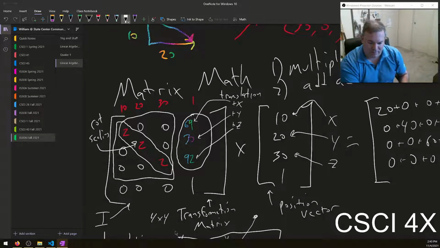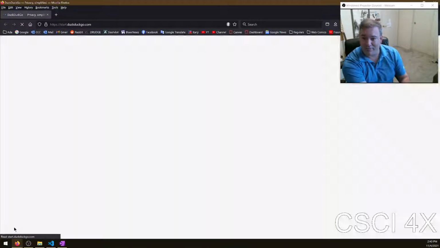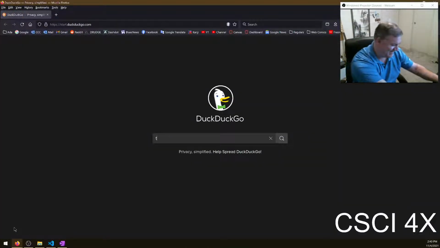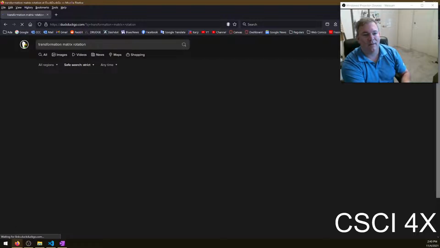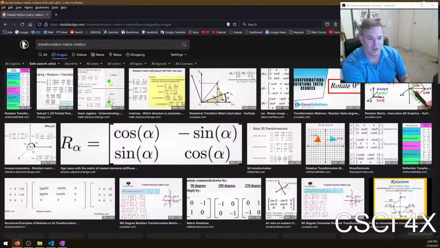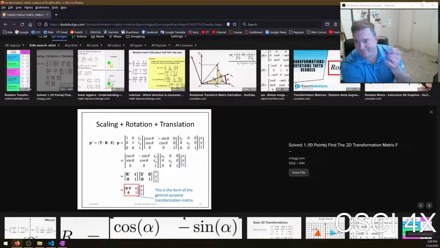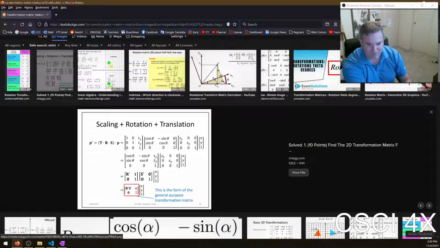All right, so let's do rotation now. Scaling is this bit here, and rotation is the kind of thing where you look up the equation for it. Search for transformation matrix rotation, and look up a cheat sheet. This is 2D. You see translate X, translate Y, and that's the rotation part.